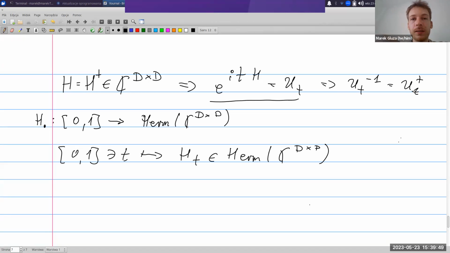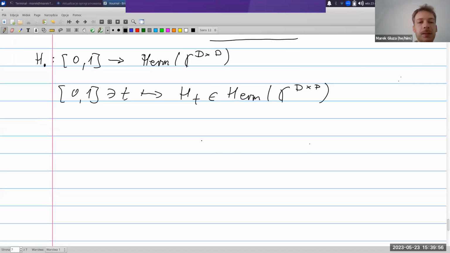If there are any questions, let me check in chat. I don't see any questions so far. This is important because often it's nice to say that, for example, the derivative of H in our operator norm is bounded by some constant.